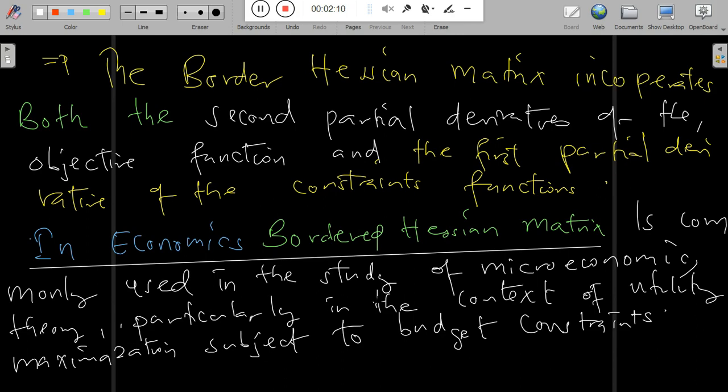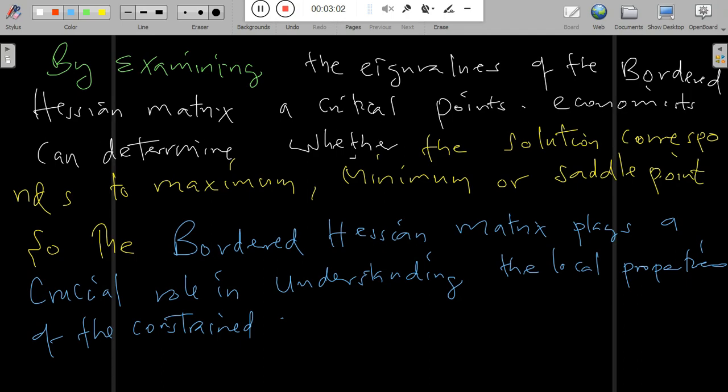So in utility maximization, we look at how individuals or consumers acquire greater satisfaction after consuming a certain good or service. If you want to check the maximum or the minimum of that satisfaction, we can apply the Hessian matrix. So in economics, the Hessian matrix is applied in the study of optimization theories.